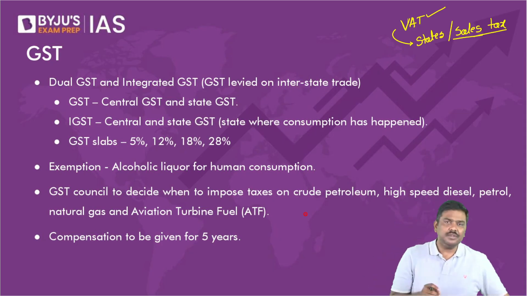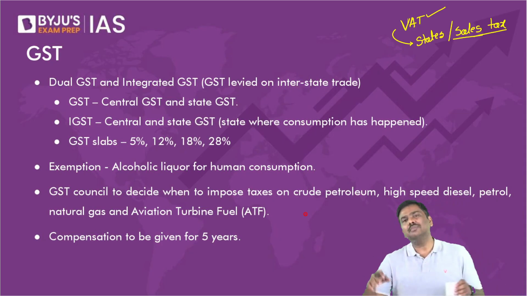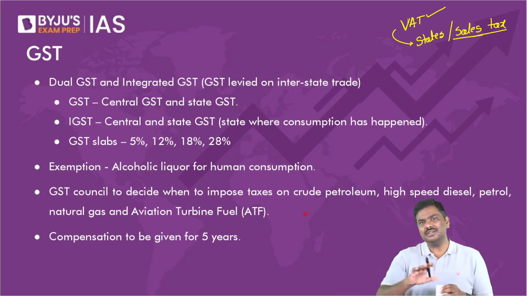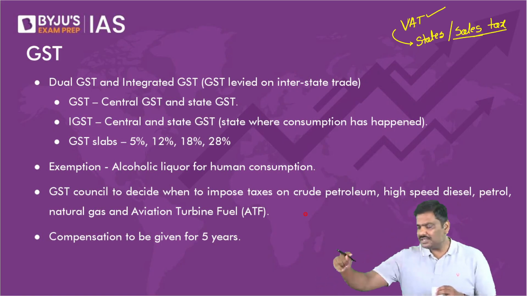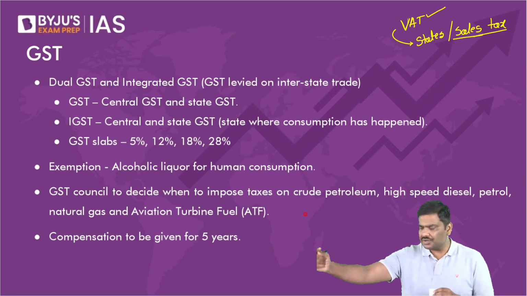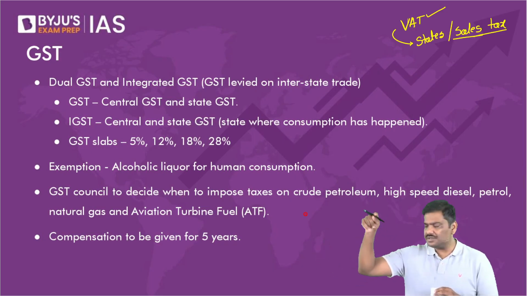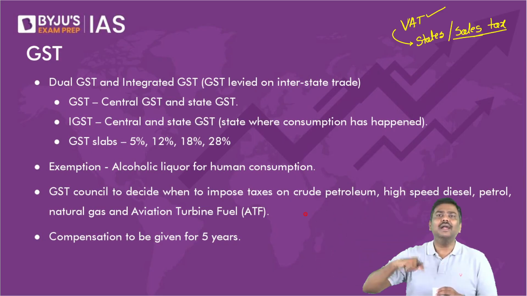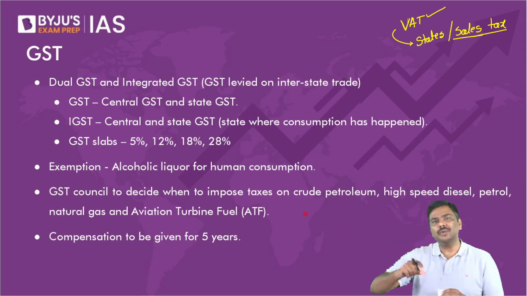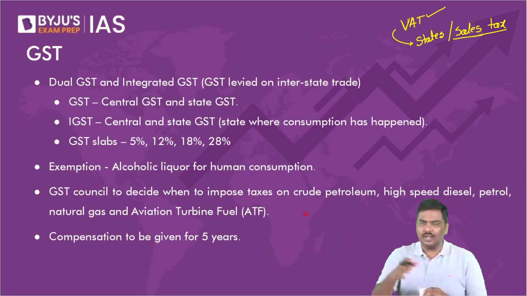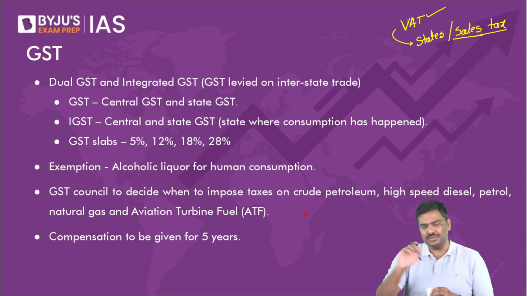Around 40 types of indirect taxes at the center and state, plus cesses, have been subsumed under GST. To implement GST, we made an amendment to the Constitution of India, the 101st Constitutional Amendment. And apart from this, we also set up a constitutional authority, Article 279A, the GST Council.